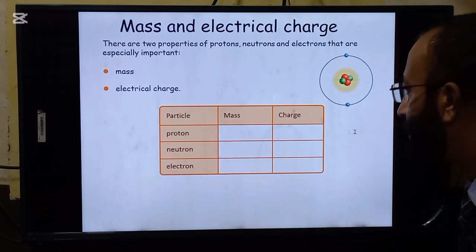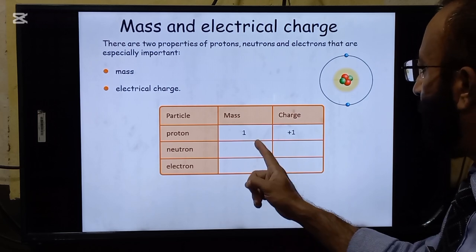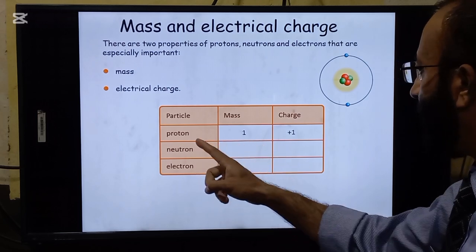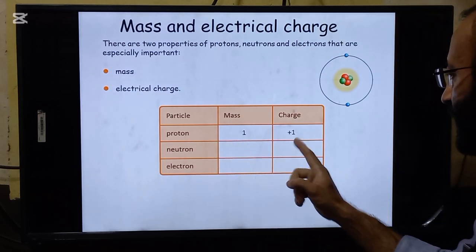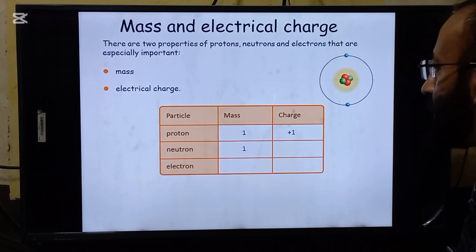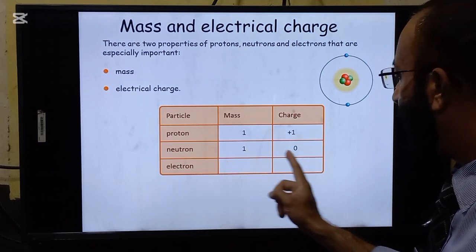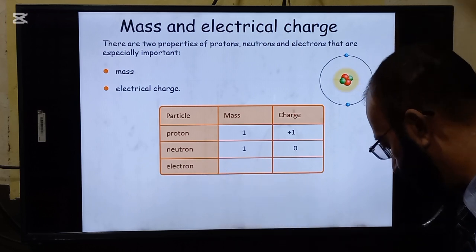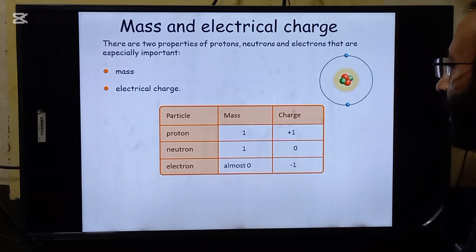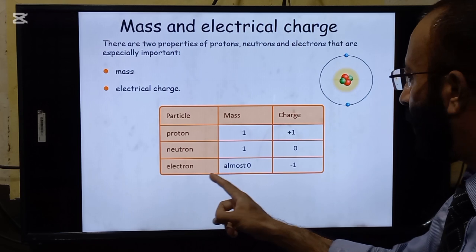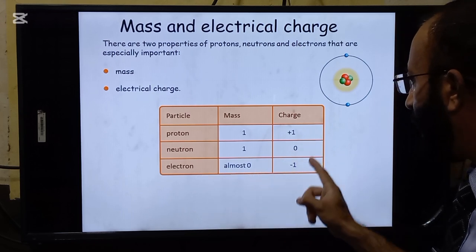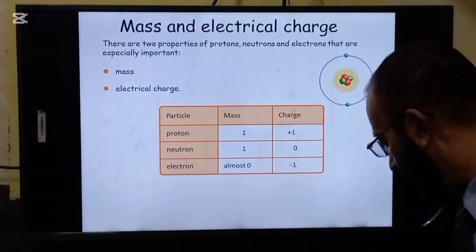Proton. The mass of the proton is 1 and the charge of the proton is +1. Mass of the neutron is 1 and charge on the neutron is 0. Mass of the electron is almost 0. Charge on the electron is -1.